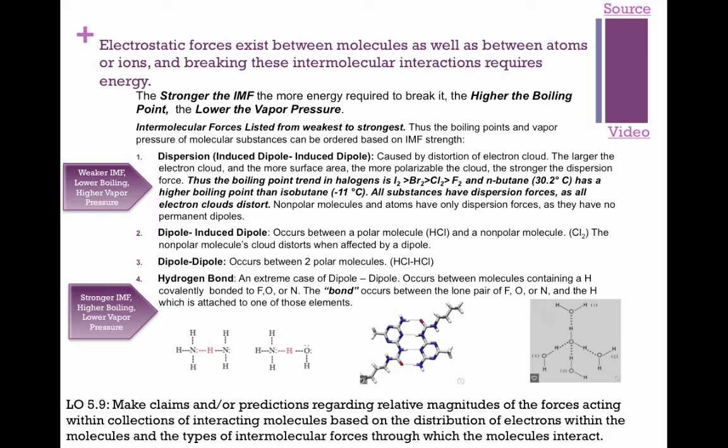It's dipole-dipole. So in order for this to be a hydrogen bond, this has to be N, O, or F, and also the other atom has to be N, O, or F. So if both molecules do not hydrogen bond, it would just be dipole-dipole. Or if, instead of HCl, that were CH4, then the strongest between the two would be dispersion.